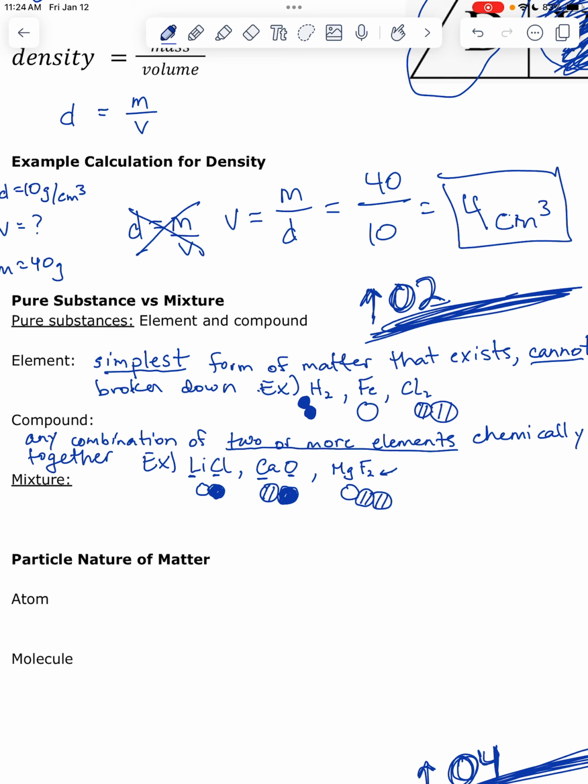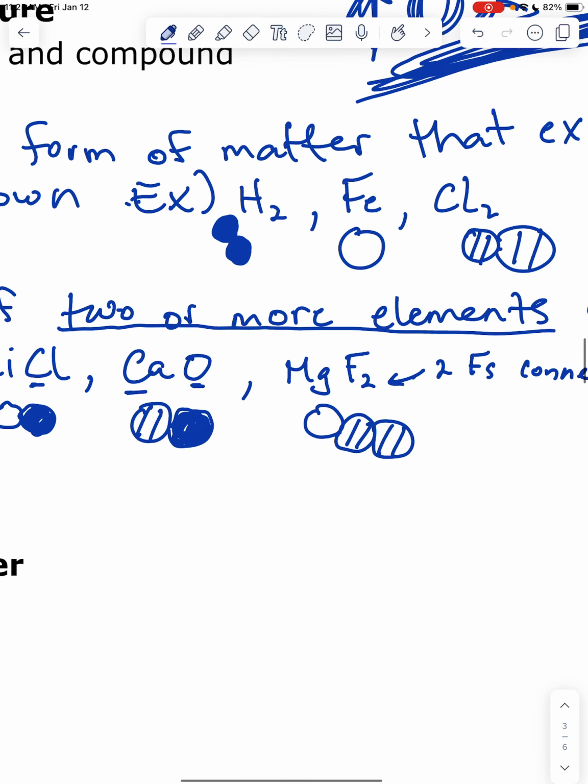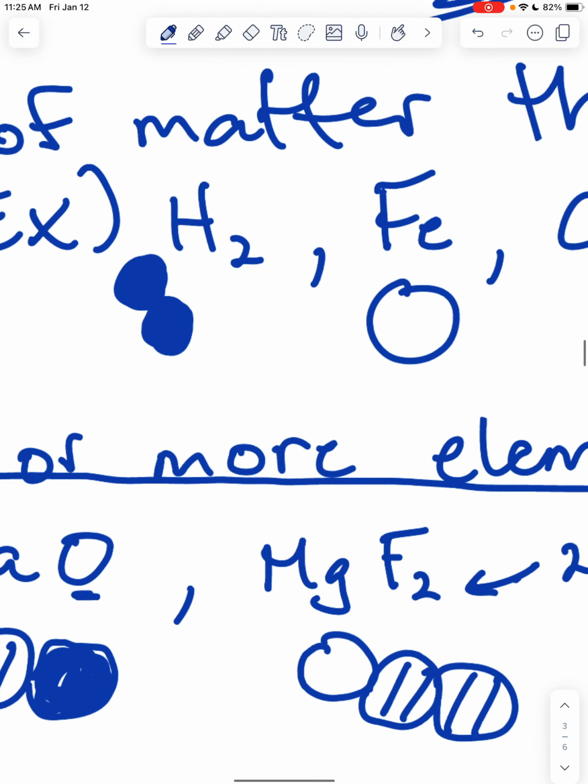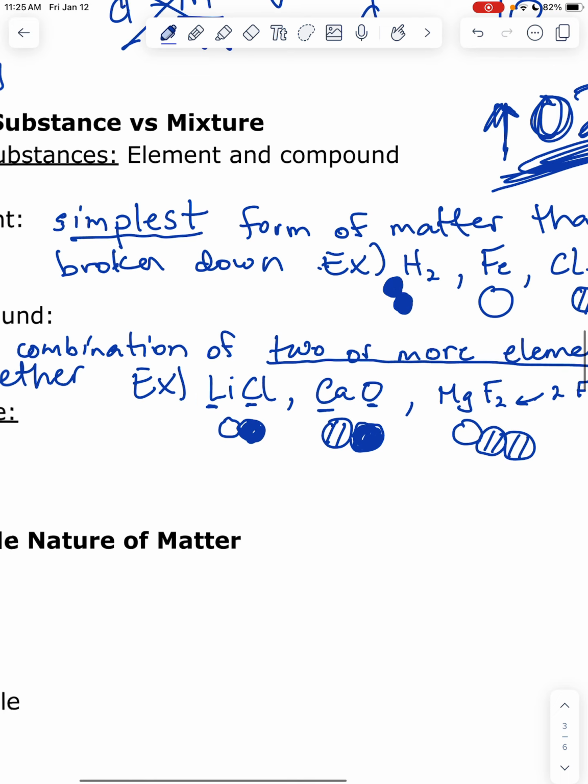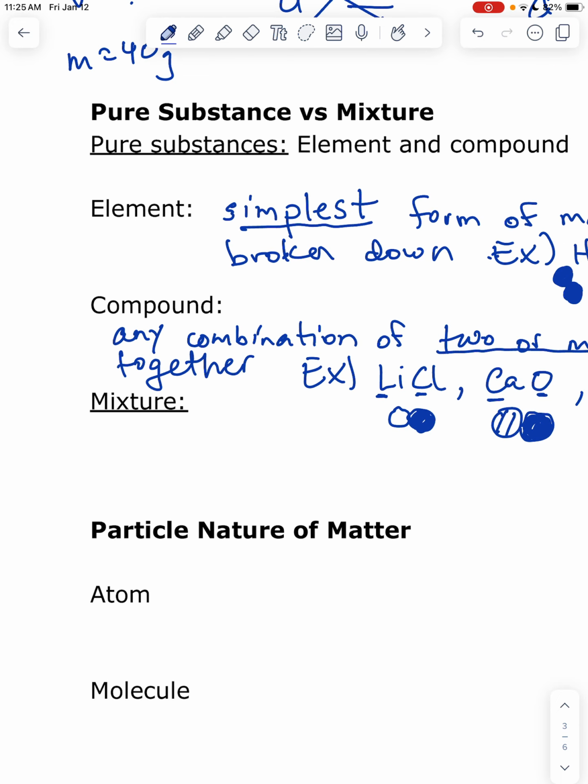Well, that 2 tells me that I have 2 F's that are connected. Regardless, the compound idea is that those circles are not the same. Kind of like they were the same for the elements up there, they are not the same when they are attached to others, which makes it a compound.